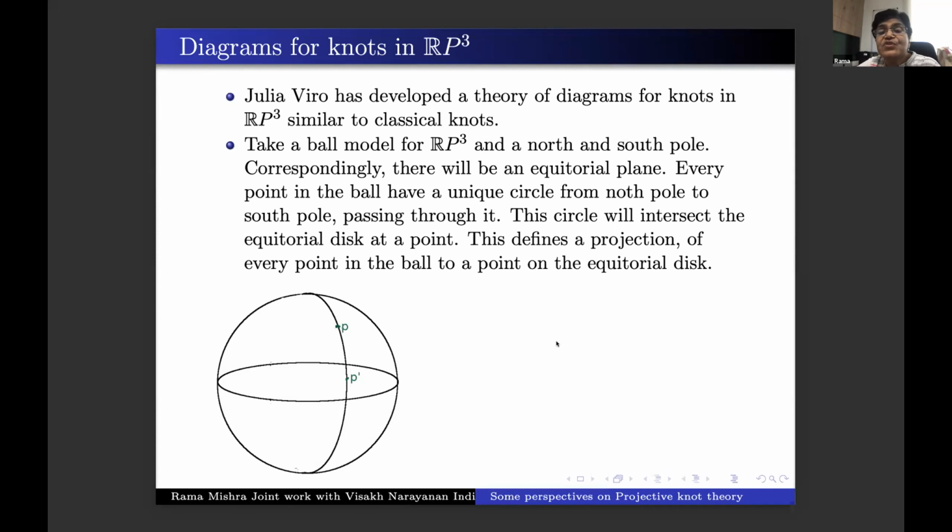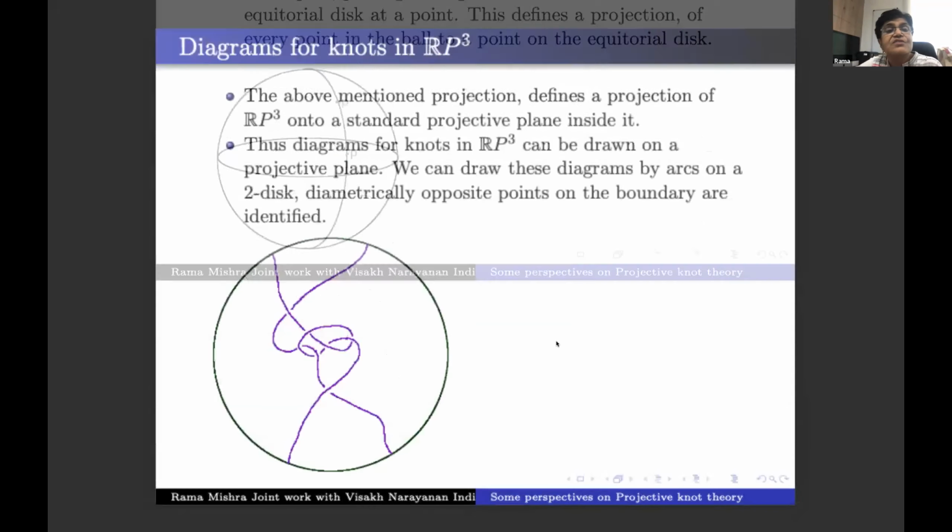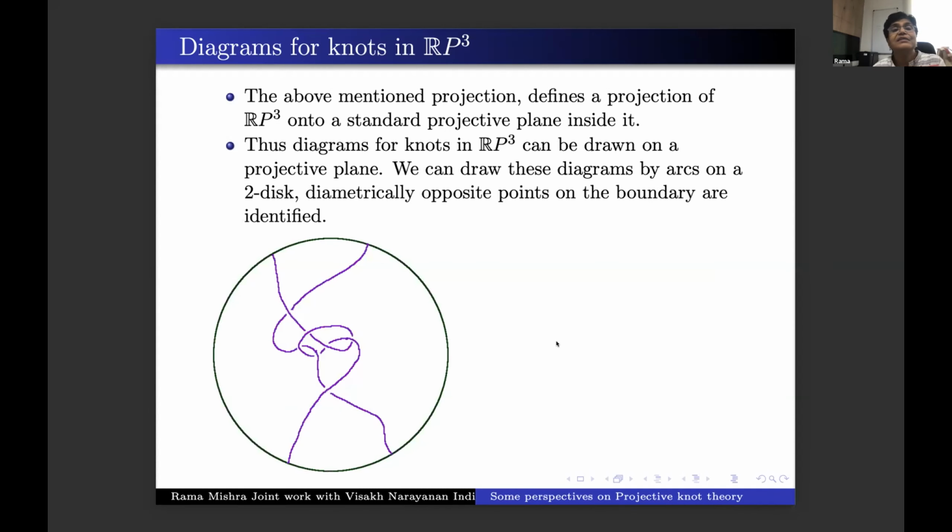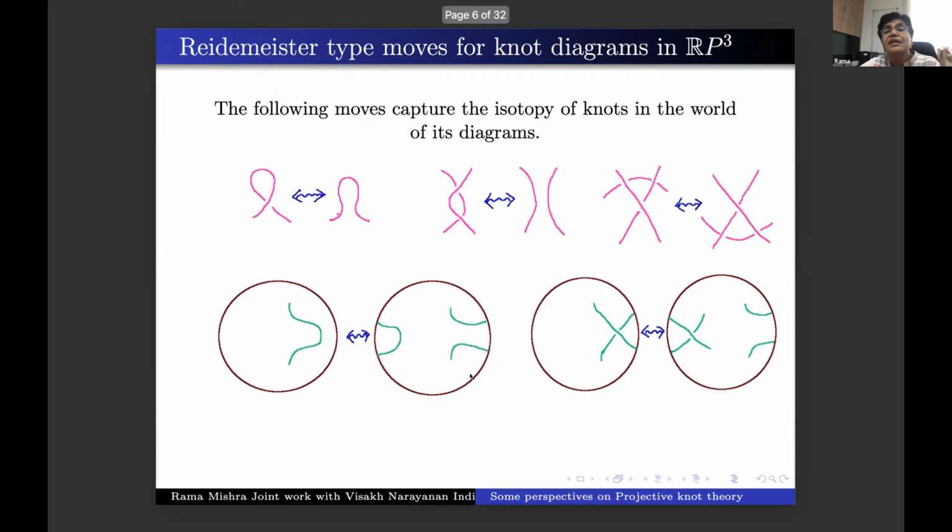That helps you define a projection onto a projective plane, and then you can add the undercrossing and overcrossing information and represent a diagram like this. Clearly you can see that the points on the boundary, the antipodal points, are identified.